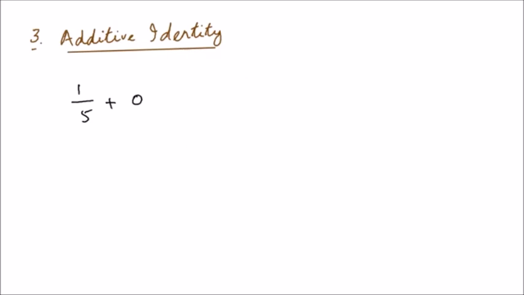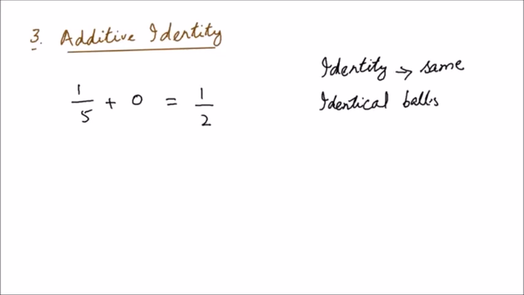If we add 0 with this rational number 1 by 5, we get the same answer. Now identity means same. As we use in daily life, identity card. If I say identical balls, it means balls with exactly the same shape. If we get the same answer, then we can say that this has additive identity, the property of additive identity.